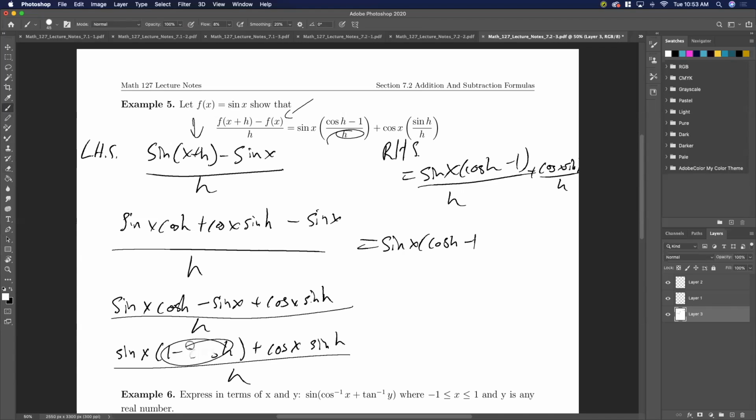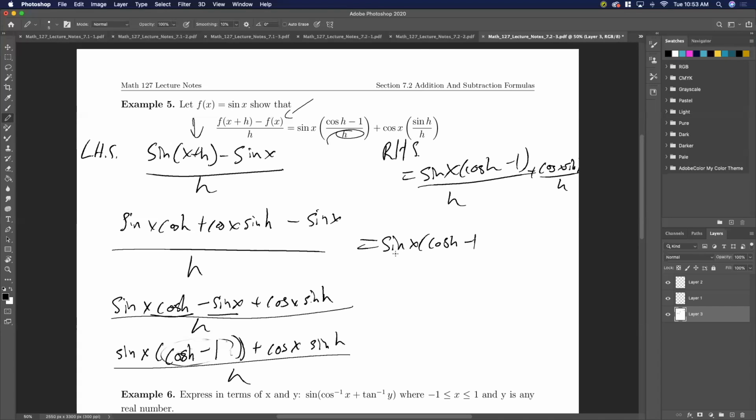Sorry, I made a mistake. If I factor out the sine of x, this will give me cosine of h minus 1.